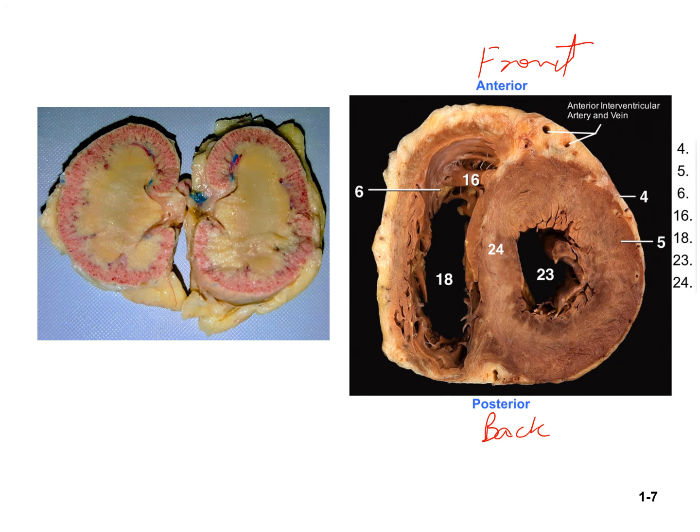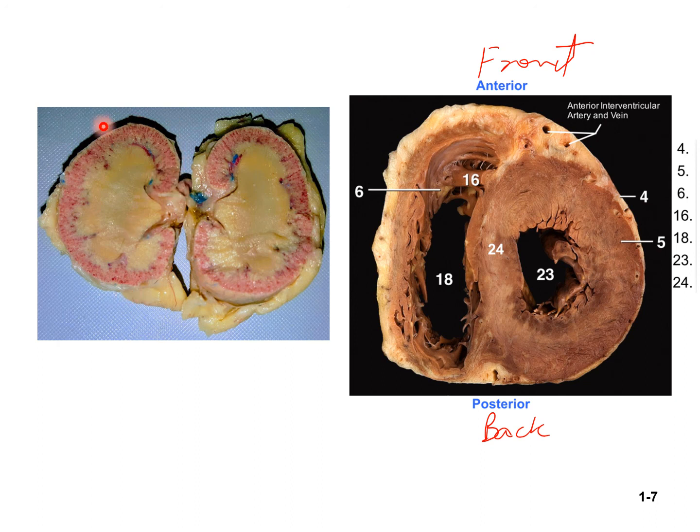What you're looking at from the top is the top view. So what section would this be when you actually perform a section? If you guessed it as the transverse section, you guessed it right. So what you're looking at is the transverse section of the heart. And this is the kidney.